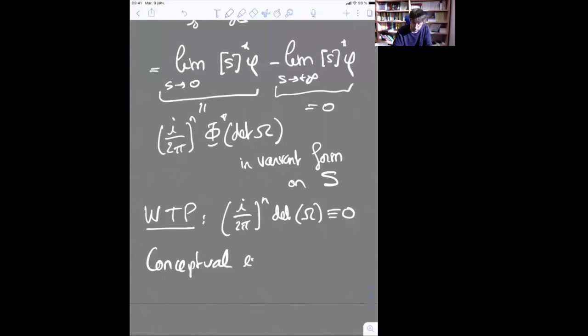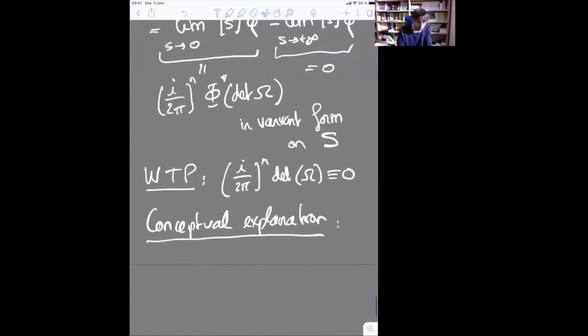and relate this to the flatness of some bundle. So the conceptual explanation is the following: we will use the so-called Weil trick.